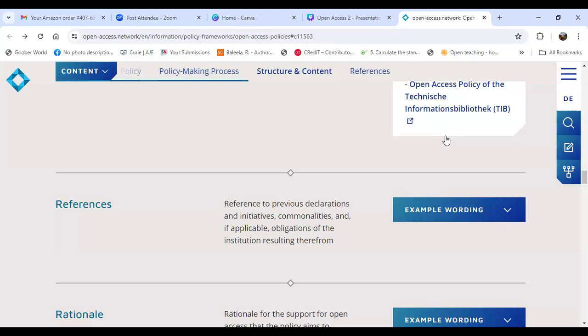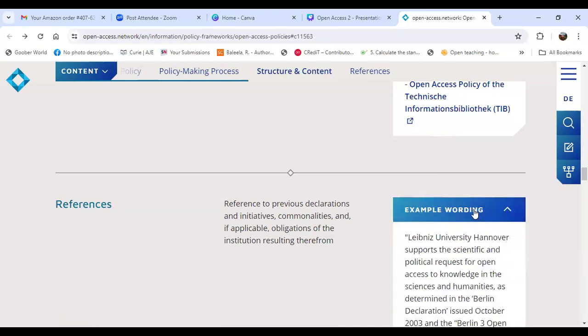And then you need to have references to previous declarations, initiatives, commonalities, and if applicable, obligations of the institution that result in reform.